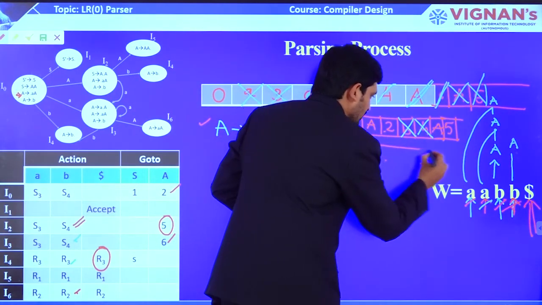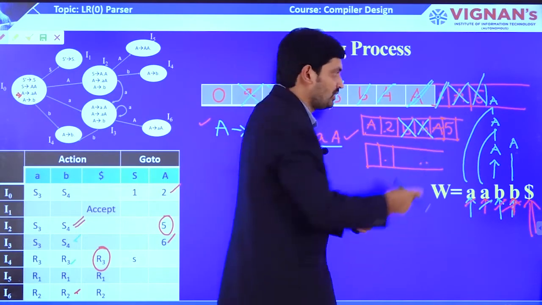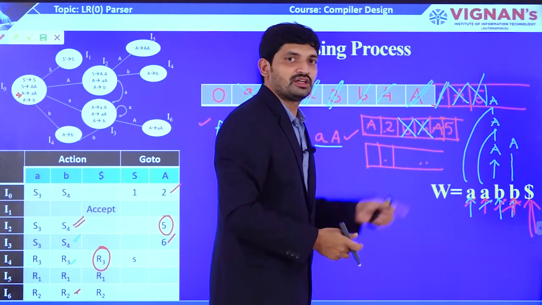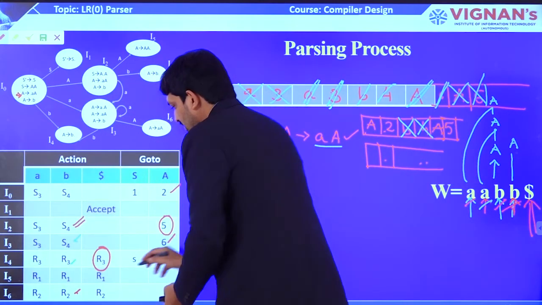So, here I am writing 5 onto the stack. What is the top of the stack now? 5. What is the input pointer? $. So, what is 5 on $? You can find 5 on $ is R1.